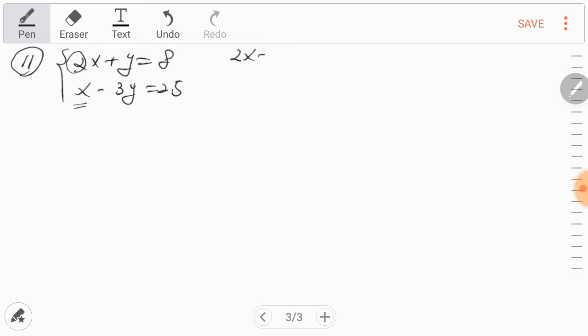So leave the first equation alone, and the second equation is what? -2x. So I'm gonna multiply, okay, let me write it here. So I will multiply this equation by what? -2. Then -2x plus 6y is equal to -50. Right?